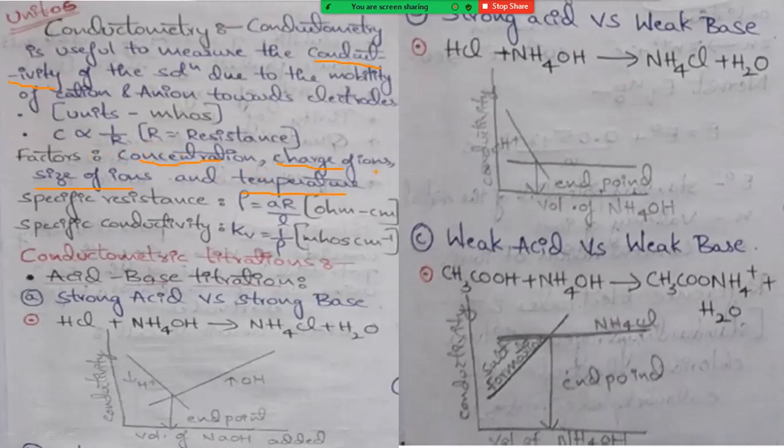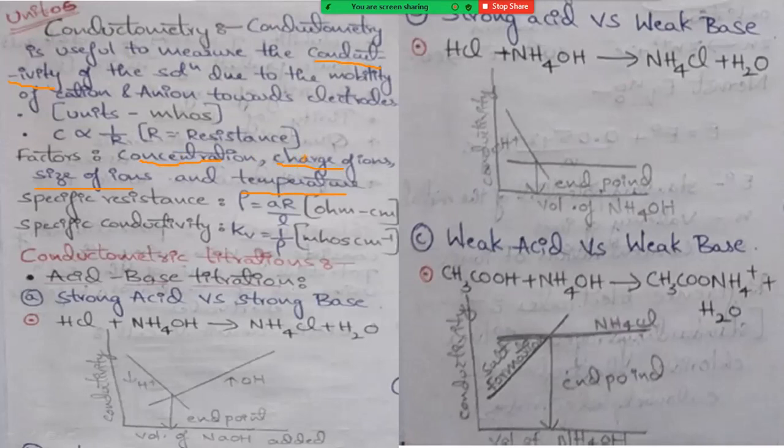The second factor is charge of ions. If the ion has a positive charge or negative charge, especially negative charge, ions have more radius due to the presence of more electrons. So negatively charged ions will produce less mobility. Why?